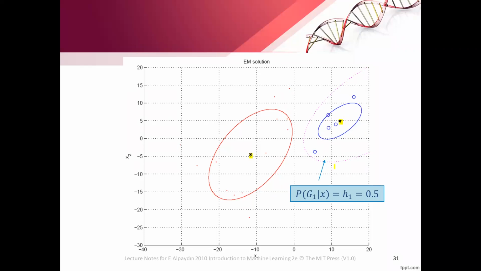Which of these Gaussians has lower dispersion? I mean lower variance. The red one or the blue one? Blue one, of course.